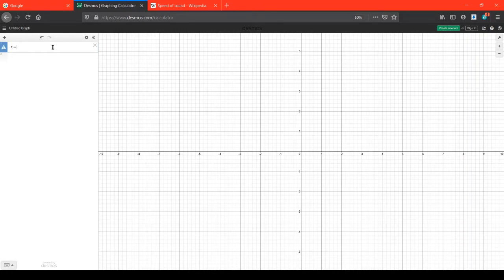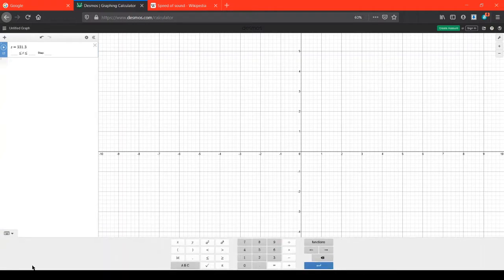S for speed, square root symbols right here, and just make sure you put everything under the square root symbol. T for temperature. You can call it any letter you want, but I'm using T because it's temperature. Right, slash on the keyboard for the fraction.